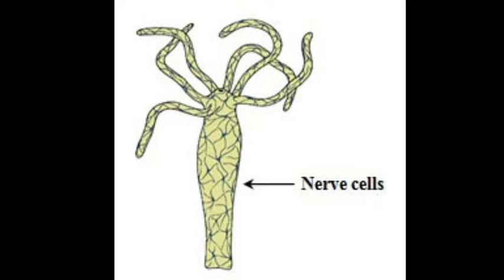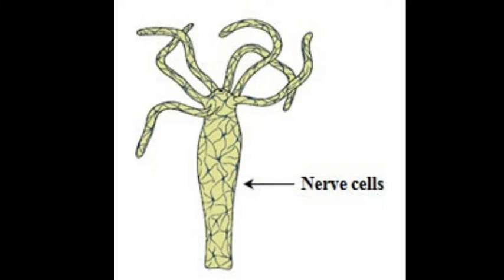We call them nerve cells. So multicellular animals have specialist cells called nerve cells, or neurons, which respond to stimuli and coordinate their activity. A system made up of nerve cells is called the nervous system.